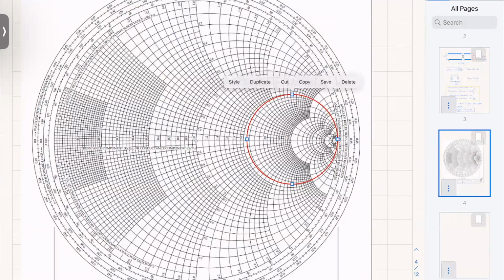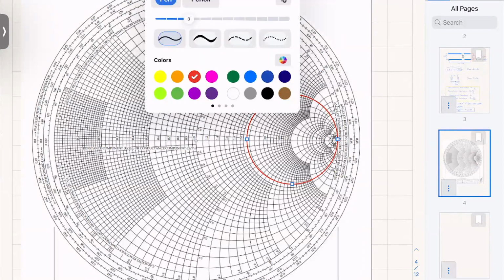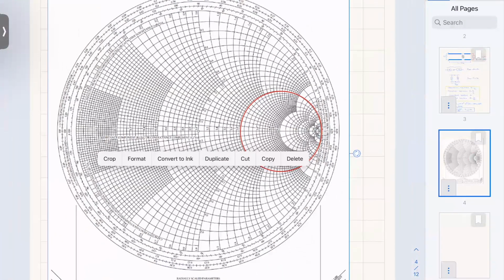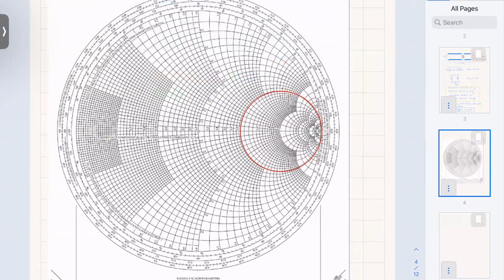Then we have the circles for the reactants, and positive are up here, negative down here.